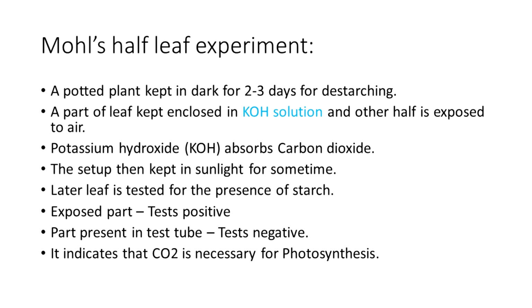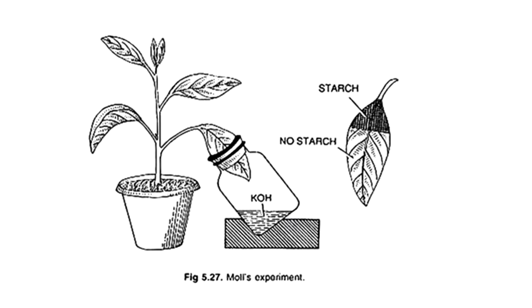Coming to Moll's half-leaf experiment, we need a destarched plant, so we keep a potted plant in the dark for 2 to 3 days, and here a part of the leaf is kept enclosed in a jar containing potassium hydroxide solution, because potassium hydroxide has the capability to absorb carbon dioxide. So this part of the leaf cannot get carbon dioxide.